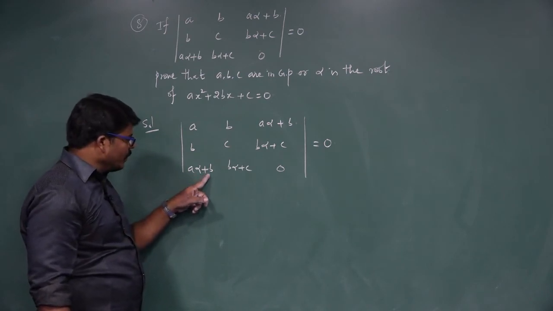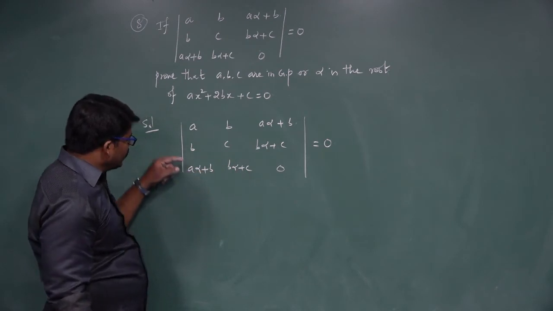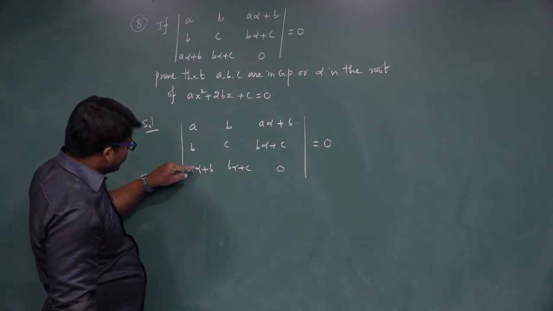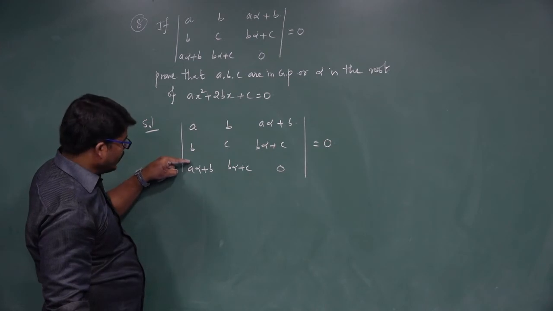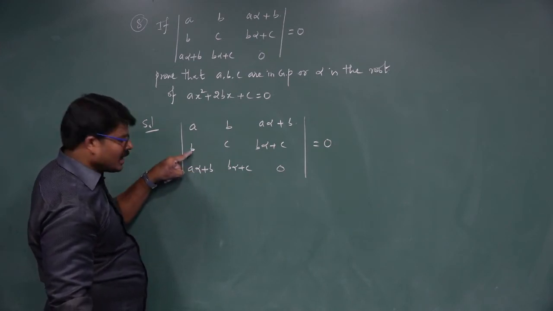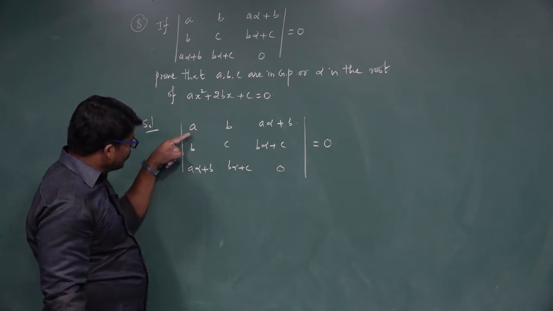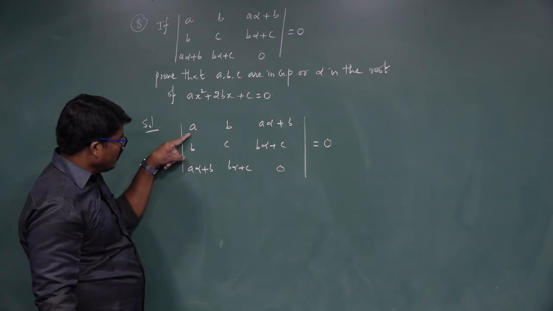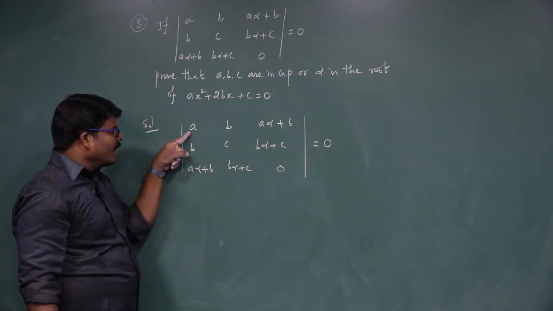The third row is A alpha plus B, B alpha plus C. Take R3 minus R2, then plus B minus B cancel. That is A alpha; then take R3 minus R1, this element is A only.